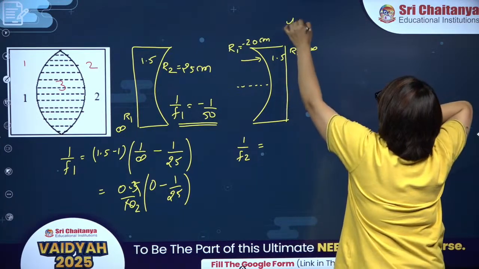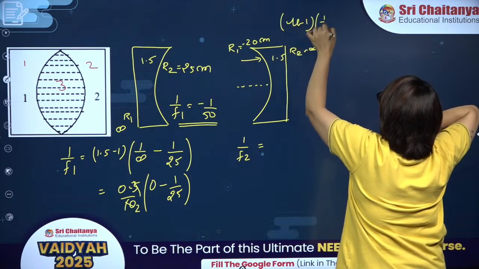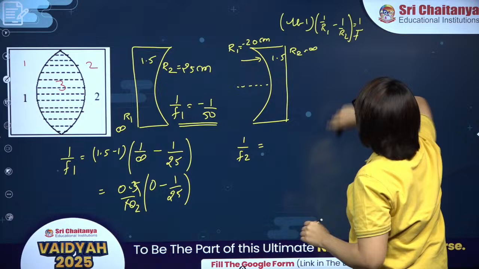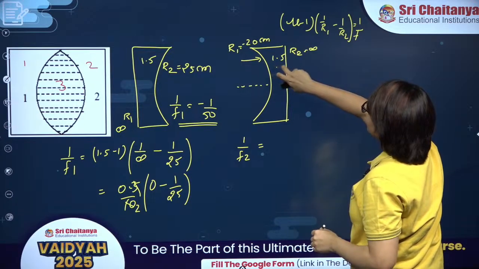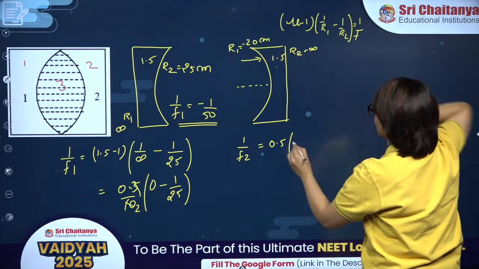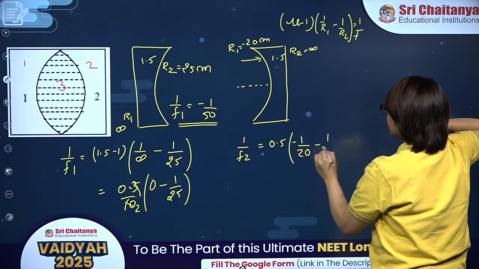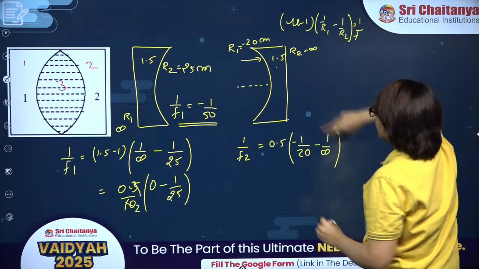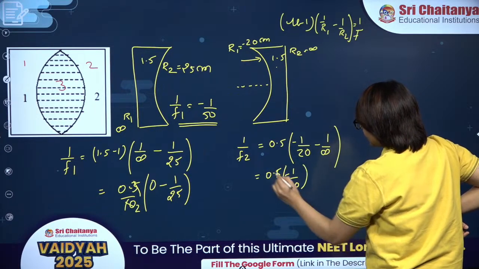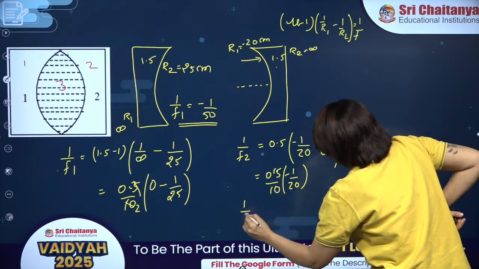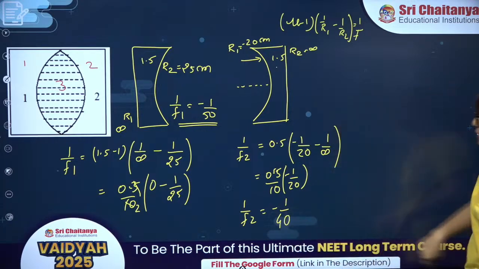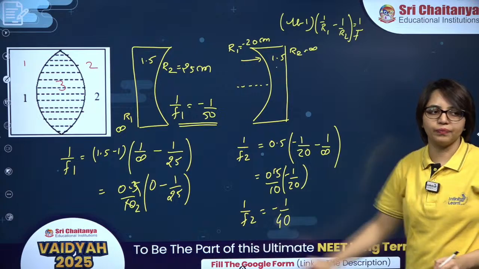I am applying this formula, mu minus 1 into 1 upon R1 minus 1 upon R2 as 1 by f. So mu minus 1 is 0.5. 1 upon R1 is minus 1 upon 20, minus 1 upon R2 is infinity. So it will be 0.5 times minus 1 upon 20. So 1 upon f2 will be minus 1 upon 40.